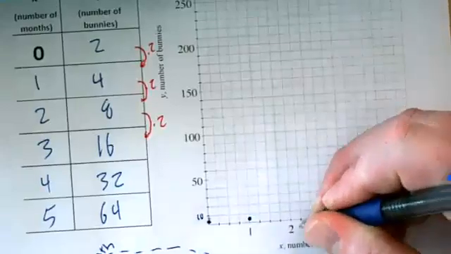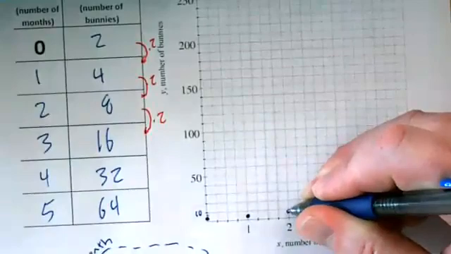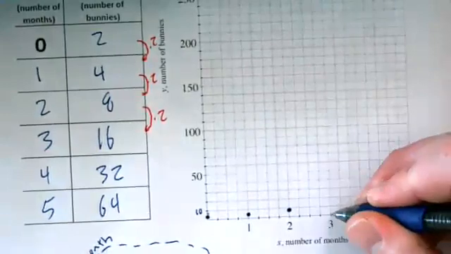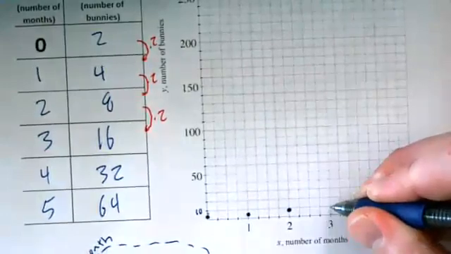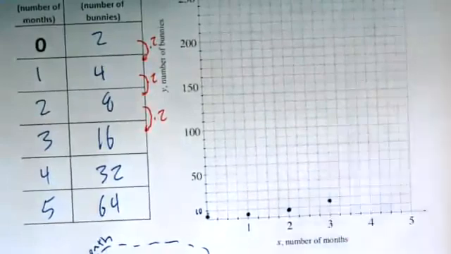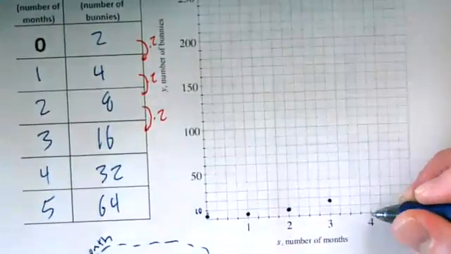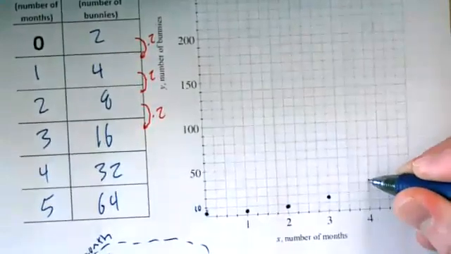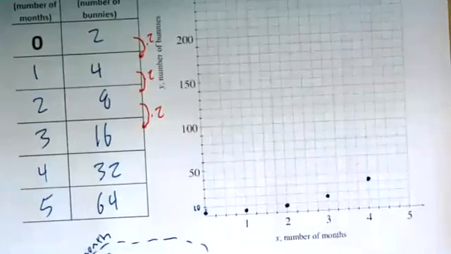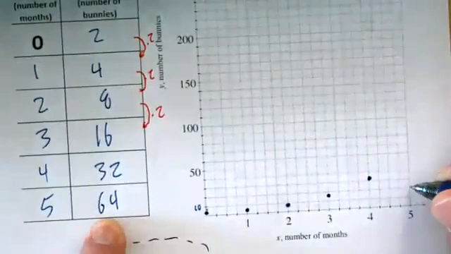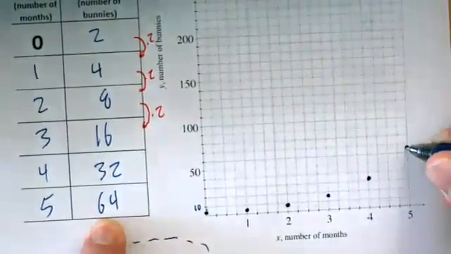You guys filling these in? 2, 8. 8 is almost up to that first tick mark, a little bit shy of it. 3, and then I need to go up 16, so tick mark 10, and then a little more than halfway between 10 and 20. 4 was 32, so I need to count up 10, 20, 30, and a tiny little bit more. 32 would look like that. 5 is 64. 10, 20, 30, 40, 50, 64.